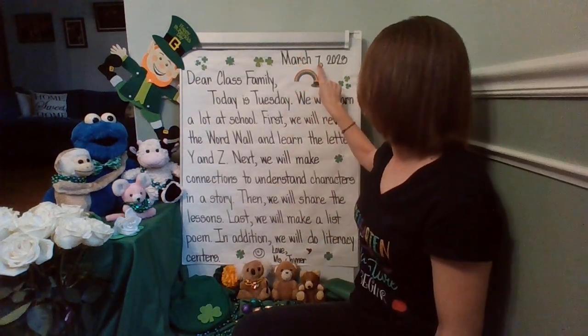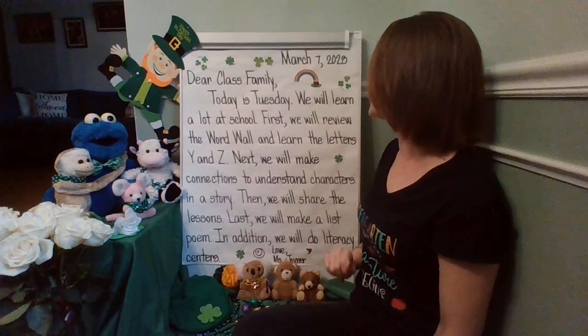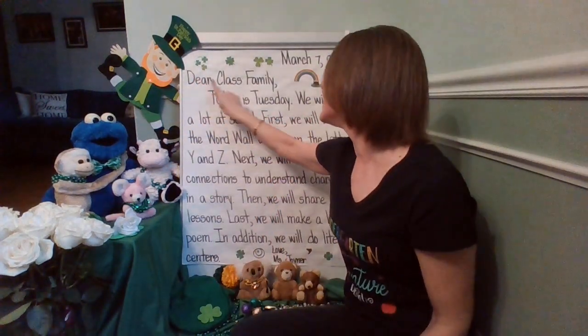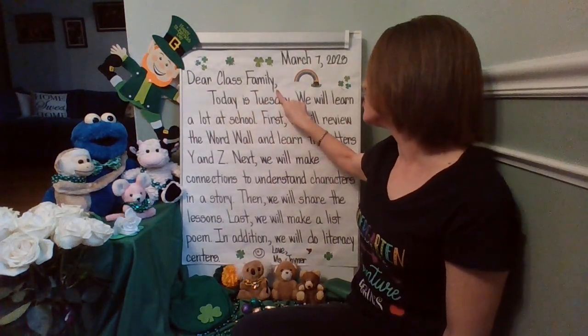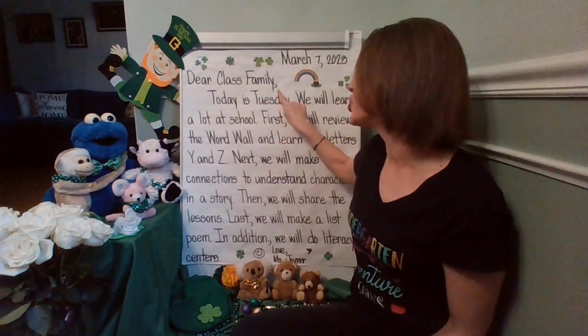Let's reread the whole date. March 7th, 2023. After the date, let's reread the greeting, beginning with the word dear and a capital D like D-Dog-D. Dear class family. After the greeting, I see a punctuation mark. Do you remember what it's called? It starts on the line and does a little curve. Do you know? What's it called?